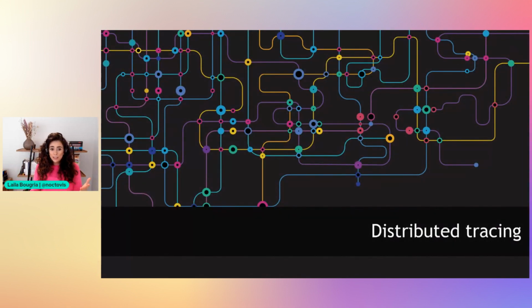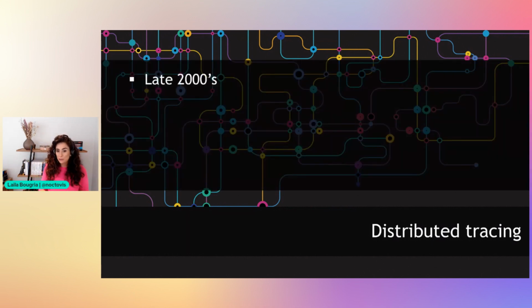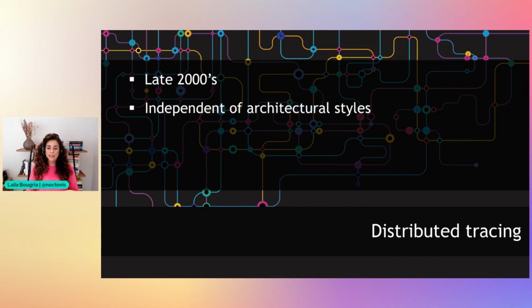Now, distributed tracing is quite the hot topic lately, especially with the rise of microservices, but it was actually created around the late 2000s, when all we were ever talking about back then was service-oriented architecture. Now, the need for distributed tracing is completely independent of any specific architectural style that you're using.